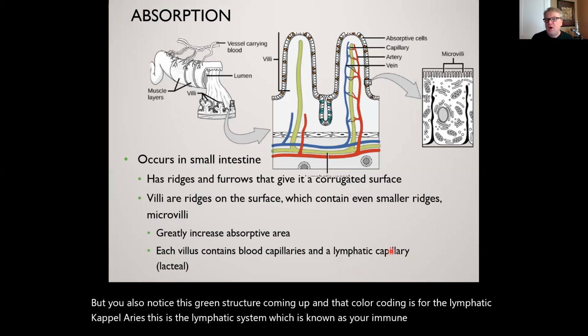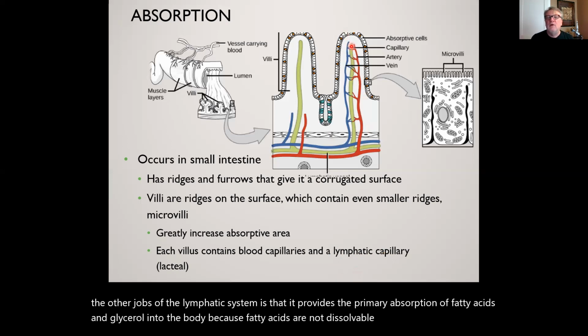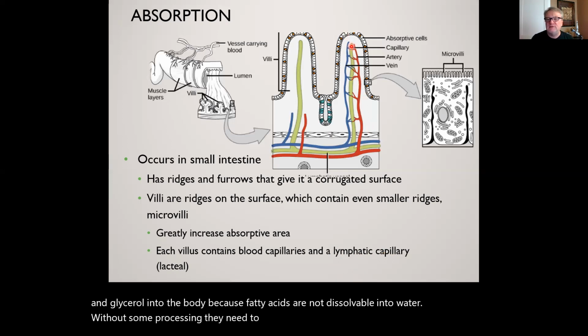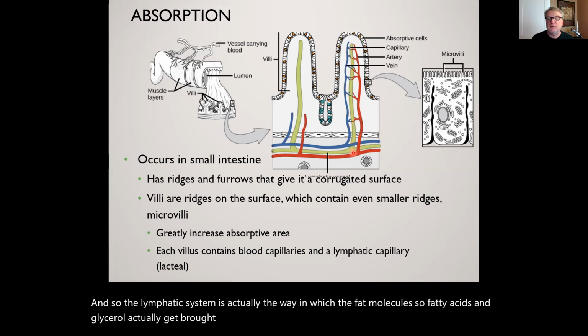But one of the other jobs of the lymphatic system is that it provides the primary absorption of fatty acids and glycerol into the body, because fatty acids are not dissolvable into water without some processing. They need to be attached to proteins to carry them. And so the lymphatic system is actually the way in which the fat molecules, so fatty acids and glycerol, get brought into the body initially.